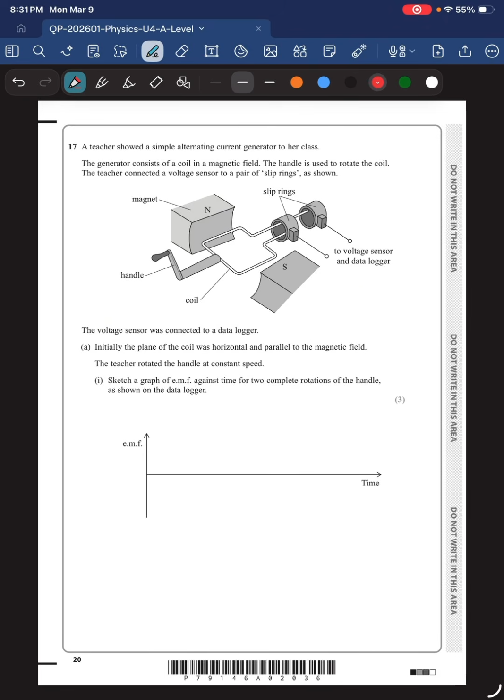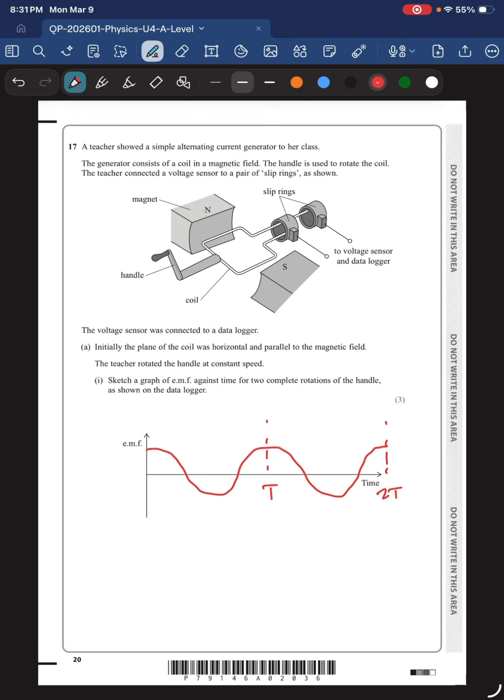So we start there, and we will have something. So 2 periods, so that's 1 period and that's another period.